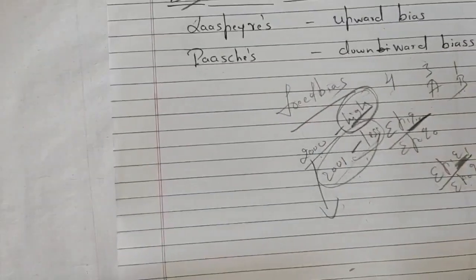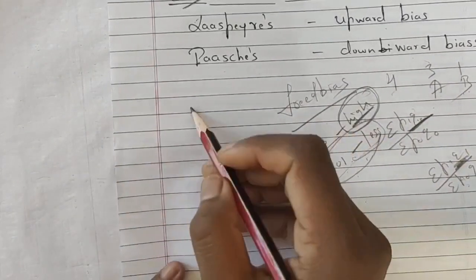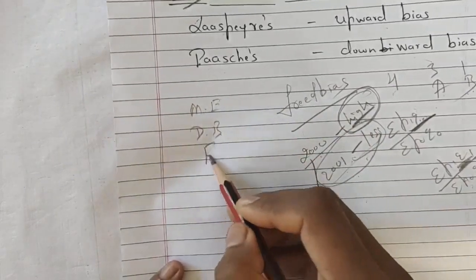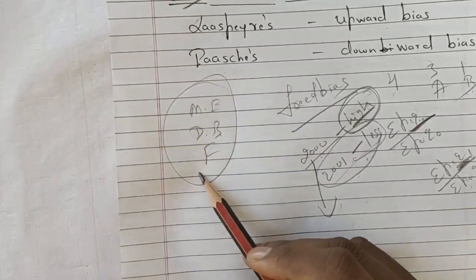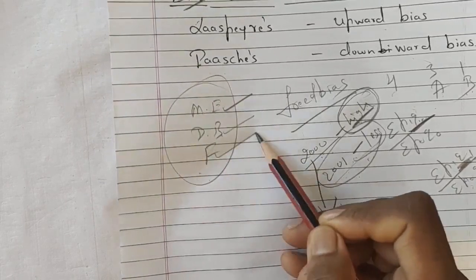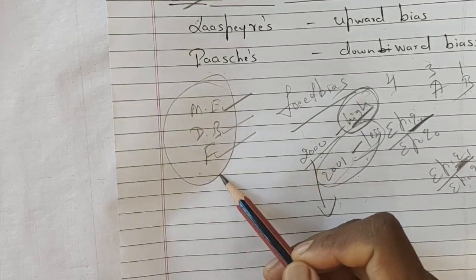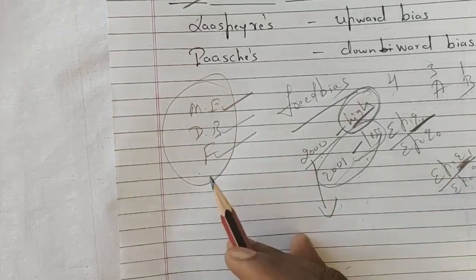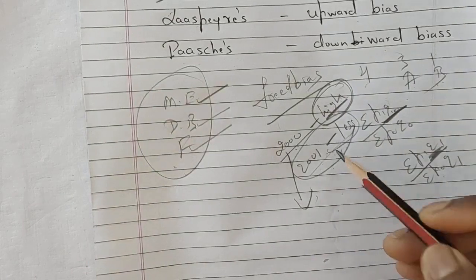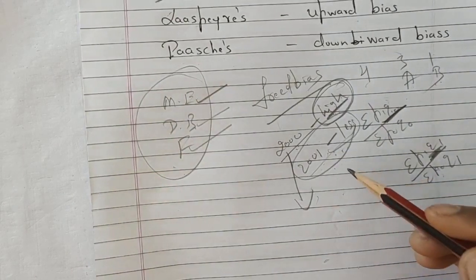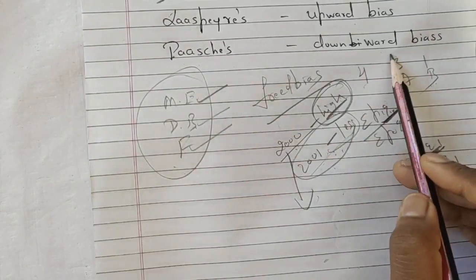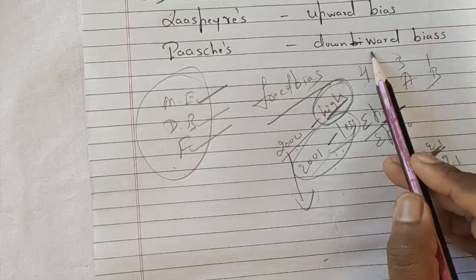And the other index numbers, that is Marshall-Edgeworth, Dorbish-Bowley and Fisher, these three are free of bias. Why? Because in Marshall-Edgeworth, Dorbish-Bowley and Fisher's, we are using both index numbers, that is Laspeyres and Paasche's. Laspeyres is upward bias because we are using base year quantity as weight, and Paasche's is downward bias because we are using current year quantity as weight.